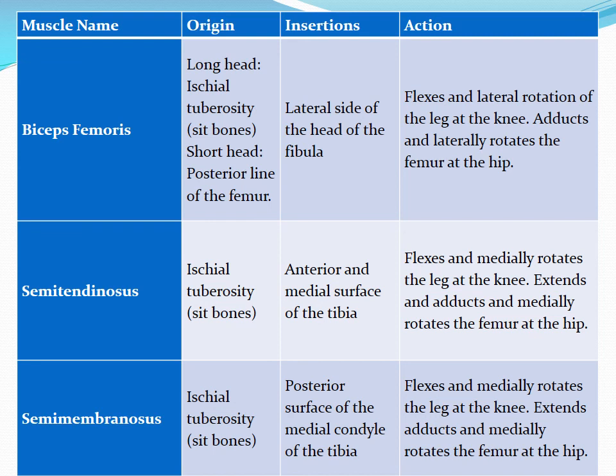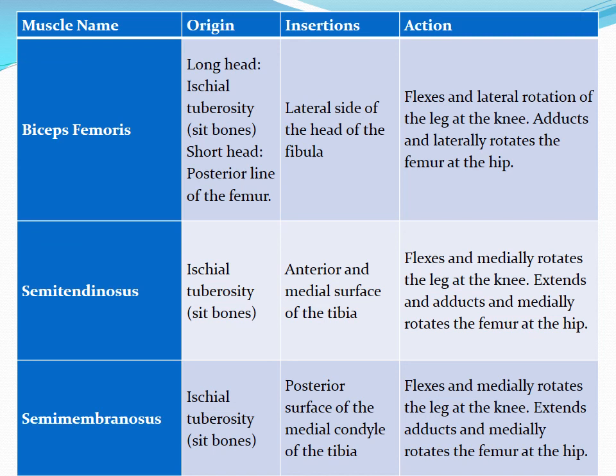So that's the lateral side. What it will do is flex the knee, and I want you to think of it as extending and laterally rotating the femur. So it'll flex the knee, and it will extend and laterally rotate the femur, or the hip joint.